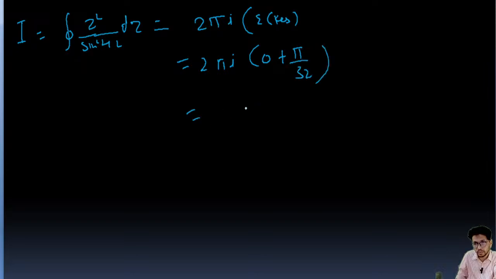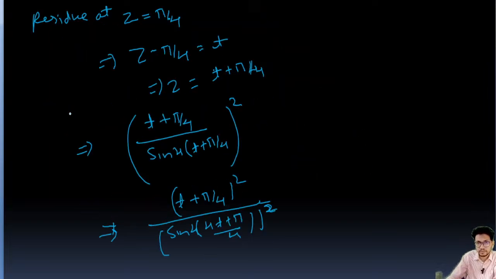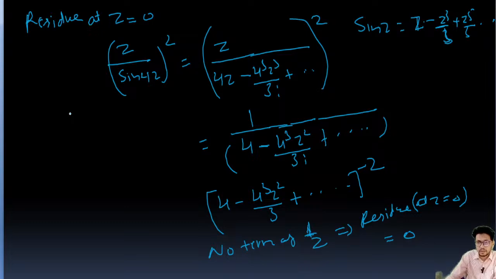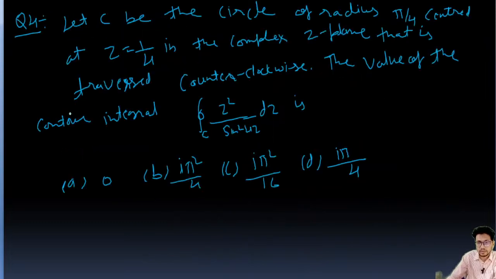So this is i pi square upon 16. This is the answer. Which option is matching? Option C, i pi square upon 16.